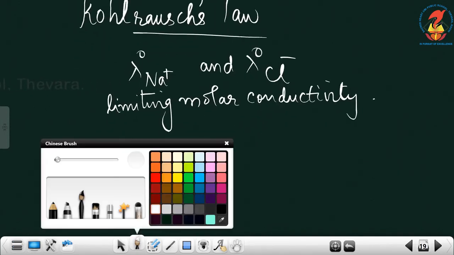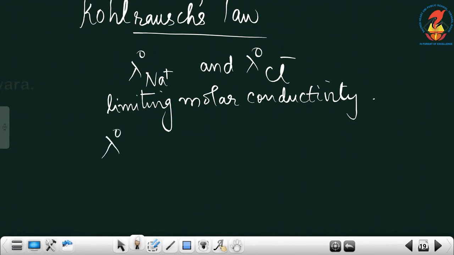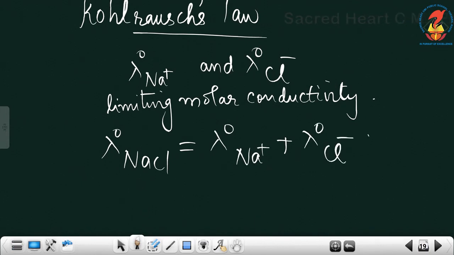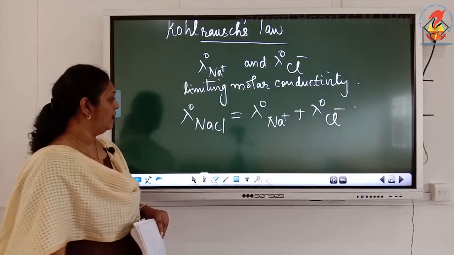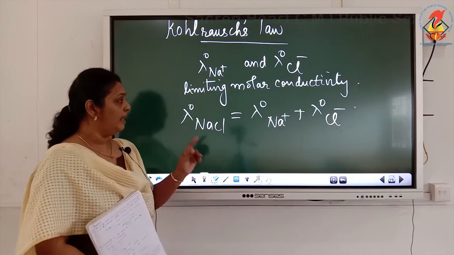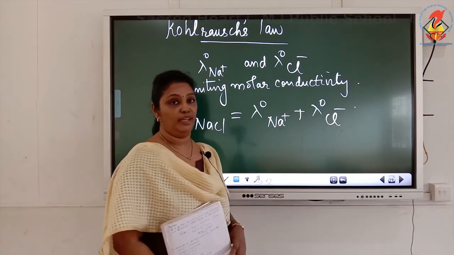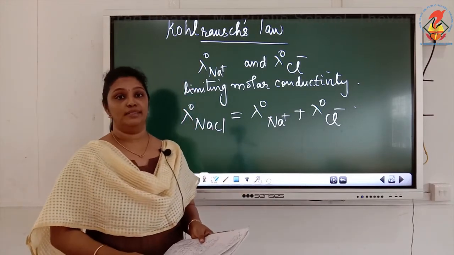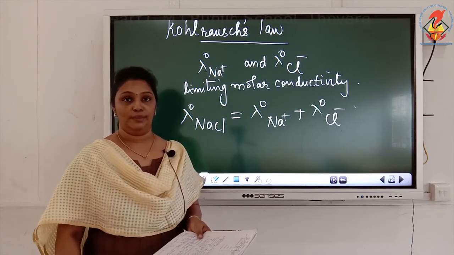Then, according to Kohlrausch's law, the limiting molar conductivity of sodium chloride will be the sum of the limiting molar conductivities of the cation and anion. That is, lambda naught NaCl is equal to lambda naught Na+ plus lambda naught Cl-. So this is Kohlrausch's law.